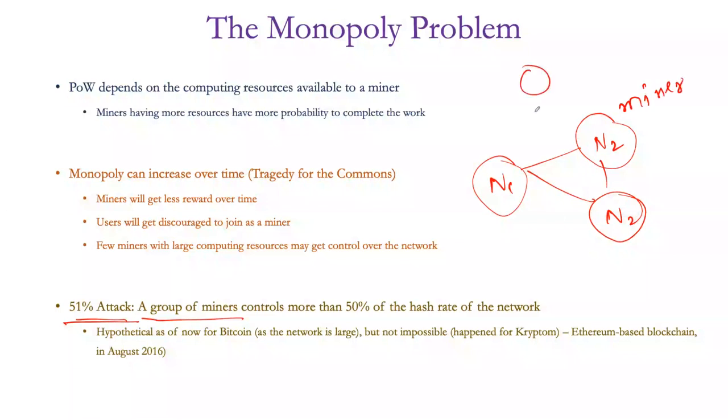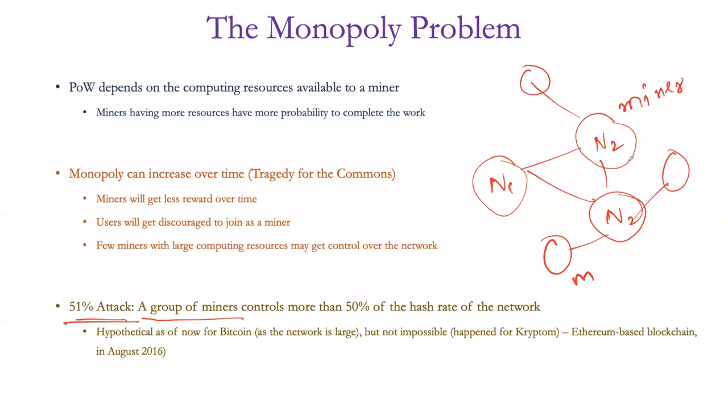And any other nodes which want to participate as a miner in the network, because of their lack of resources, will get less chance. So every time these three nodes get the chance, the entire network will be controlled by them. Then your group of miners controls more than 50% of the hash rate of your network for creating the new blocks.